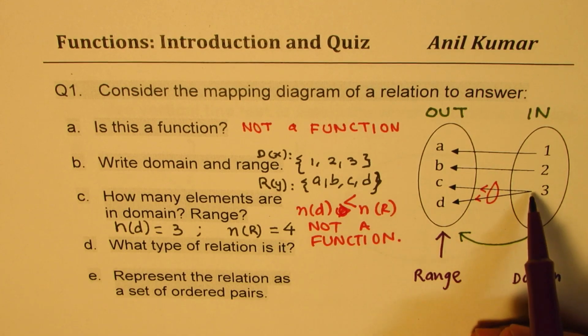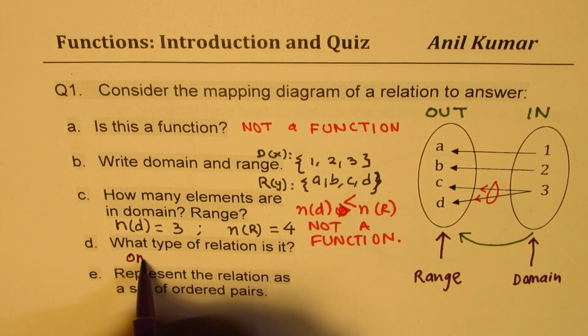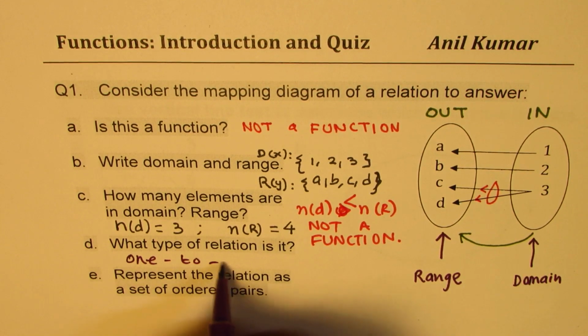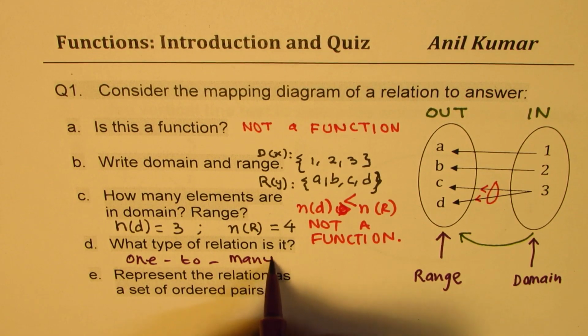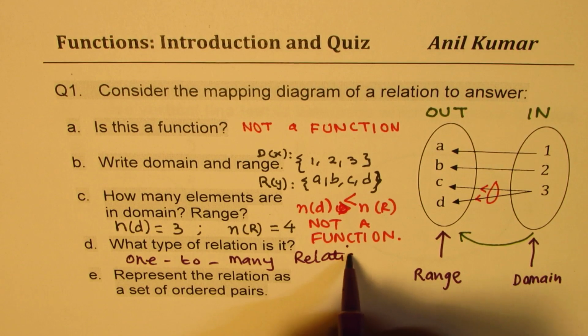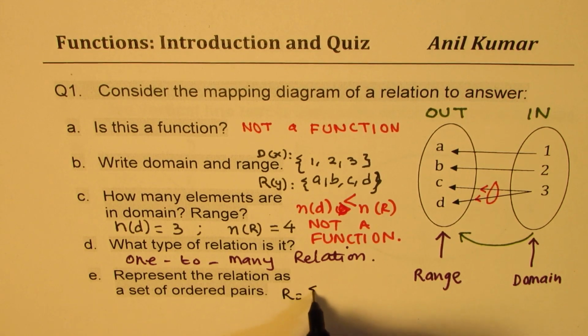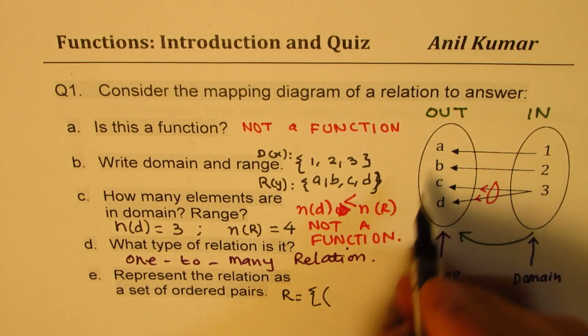Now, what type of relation is it? Since one of these elements in the domain is related with more than one, we call this a one-to-many relation. Perfect. Represent the relation as a set of ordered pairs. We can call this relation R, and this is equal to {(1, A), (2, B), (3, C), (3, D)}.